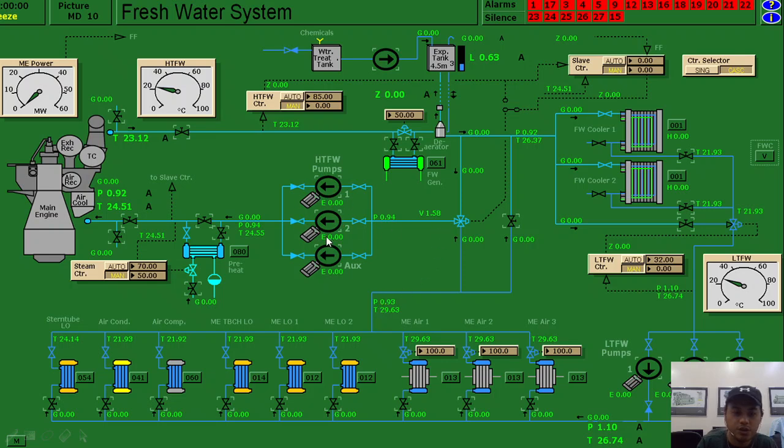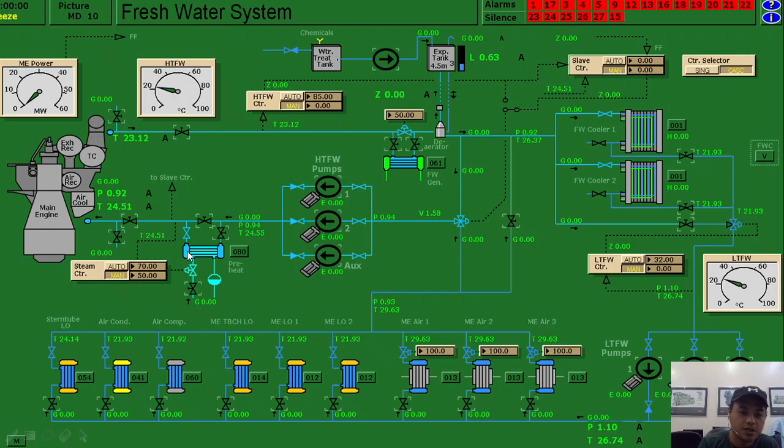Then we go here. We have the high temperature freshwater pumps: two main, and then one auxiliary. The auxiliary is used in port before starting the engine, for preheating also. After the high temperature freshwater pumps, we have a preheater.